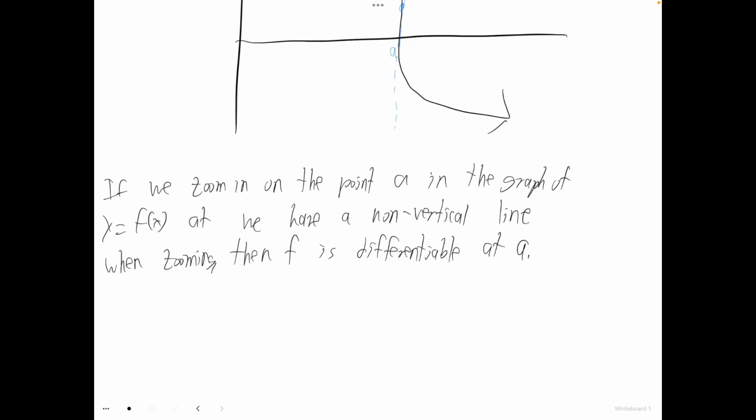So remember we talked about this idea of tangent lines, that if you zoom in on the point really, really close, the graph and the tangent line become indistinguishable from each other. So that's the idea here, is if you zoom in on the graph really close at that point, you're essentially looking at the tangent line, and if you have a non-vertical line, then the function's differentiable at a. So that's one way of thinking about this.